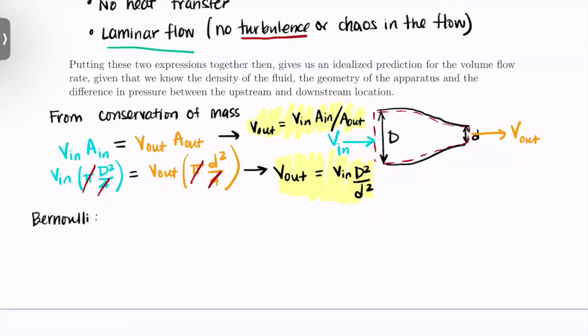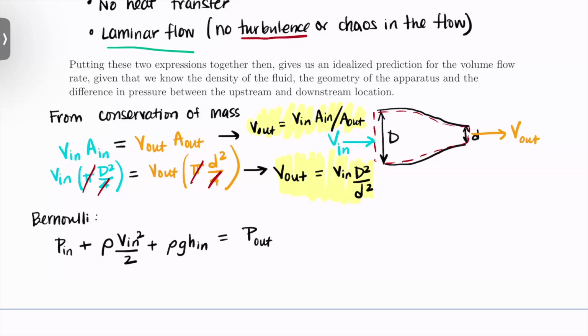So our Bernoulli equation tells us that we have pressure at the inlet plus rho V in squared divided by 2 plus rho g h in is equal to all those three terms for the outlet.